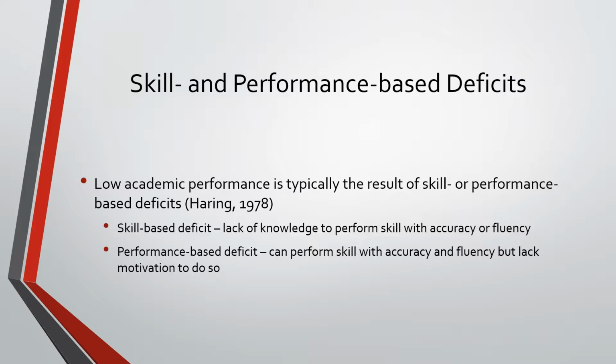Skill-based deficits are when students lack development and knowledge of the first two tiers of the instructional hierarchy. So they lack the knowledge to perform a skill with accuracy or fluency. Whereas with performance-based deficits, students have these skills, but lack the motivation to use them.